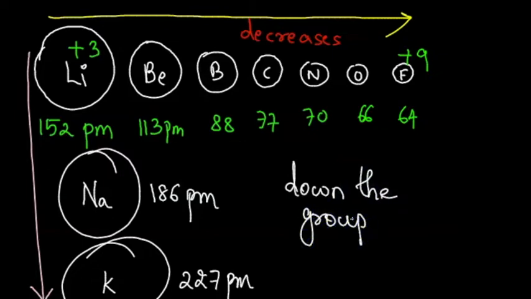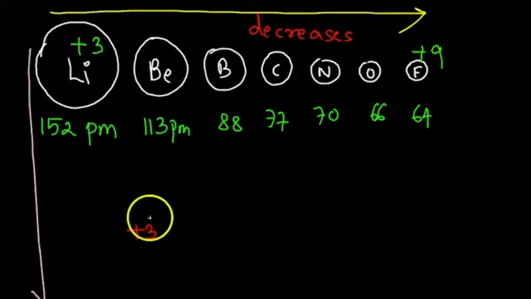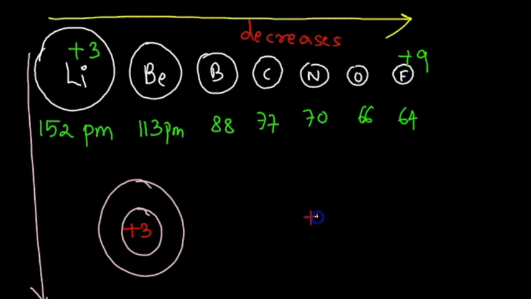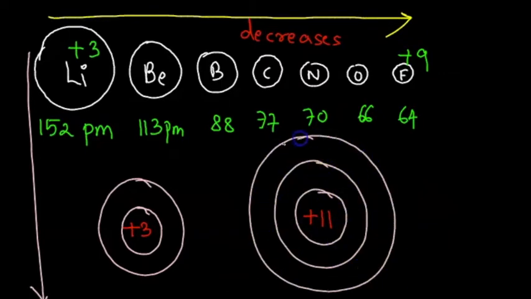Let's compare lithium and sodium. Once again, lithium has a +3 charge in the nucleus and sodium has a charge of +11. Lithium has 2 energy levels, but sodium contains 3 energy levels. So now you can see why sodium is a lot bigger than lithium.